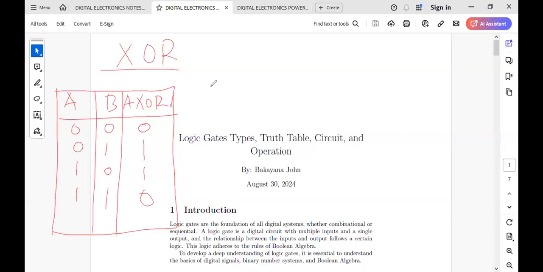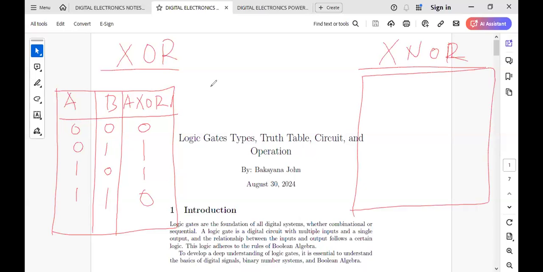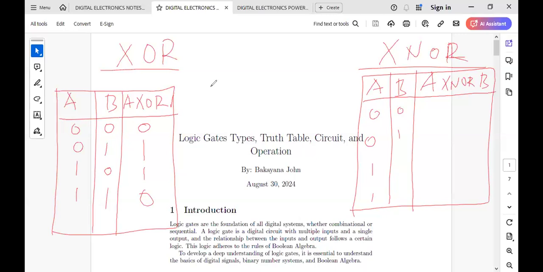Then there is another one that is called the XNOR. XNOR is the opposite of that one. If you have A and B, I wish we could have some time to have day to day life examples of this. This is A XNOR B. I hope people are writing somewhere. So still, if we have 0, 0, 1, 1, 0, 1, 0, 1.